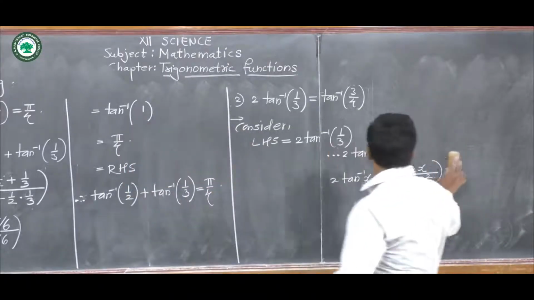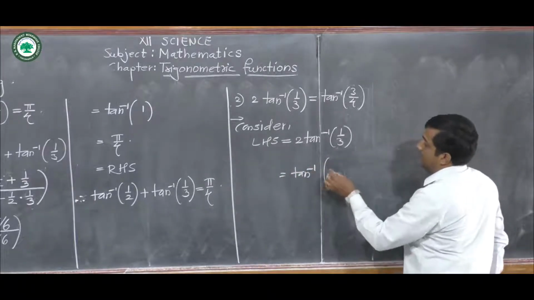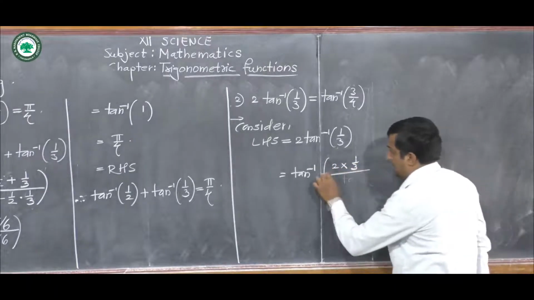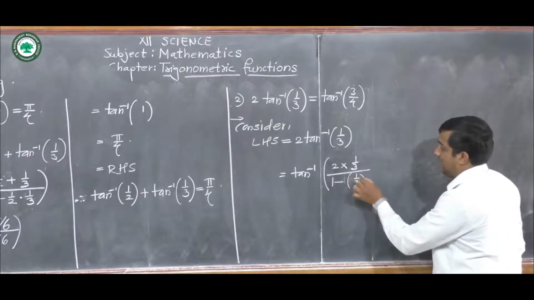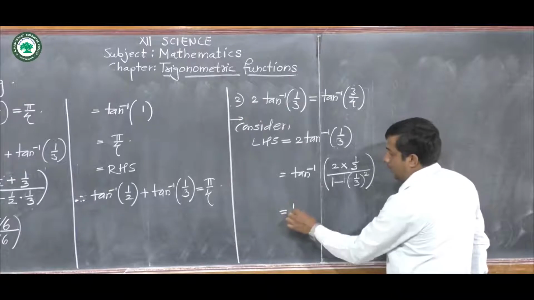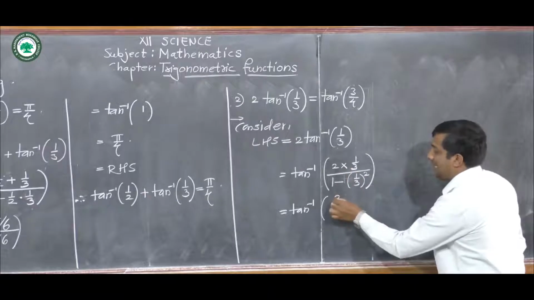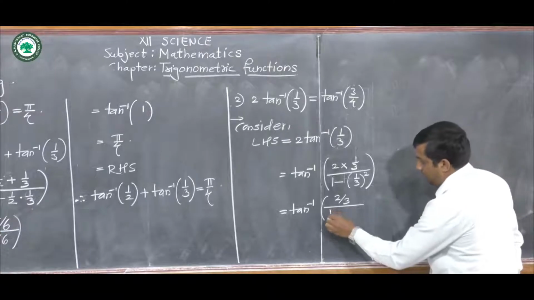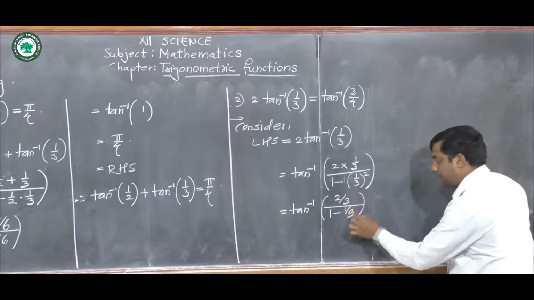So I write this as tan inverse of, inside the bracket, 2 into x, where x is 1 upon 3, divided by 1 minus x square, means 1 upon 3 whole square. Remember this property. This is equal to tan inverse of, inside the bracket, 2 into 1 upon 3 is 2 upon 3, divided by, in the denominator, 1 minus 1 upon 3 square, which is 1 upon 9.